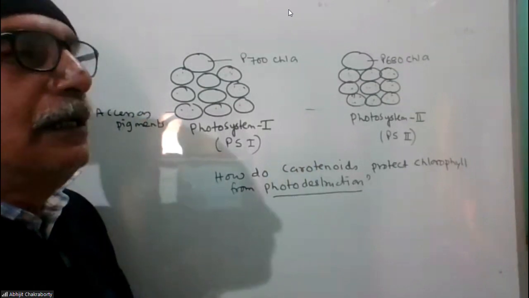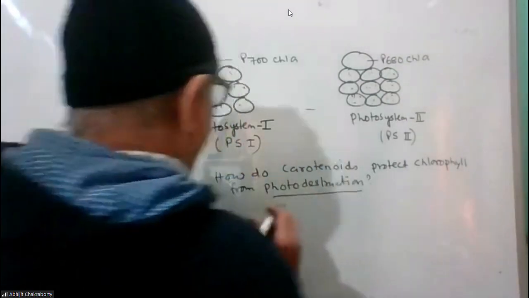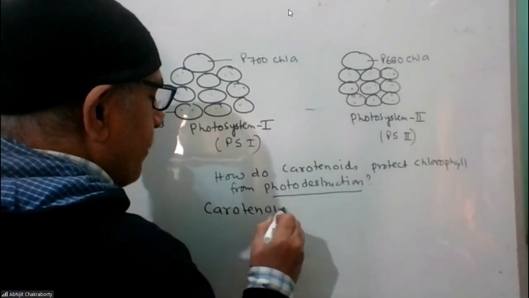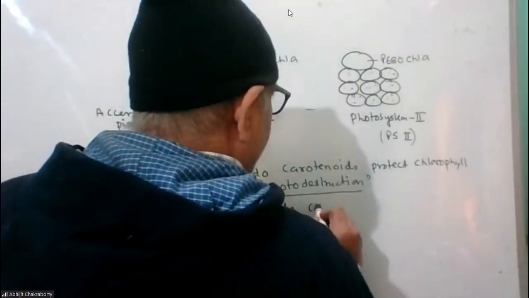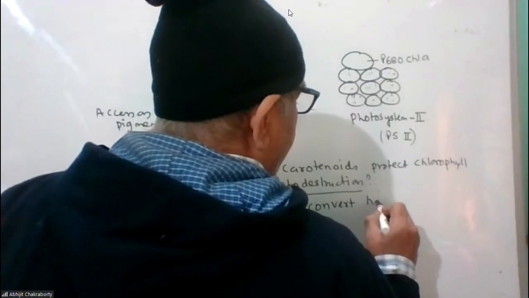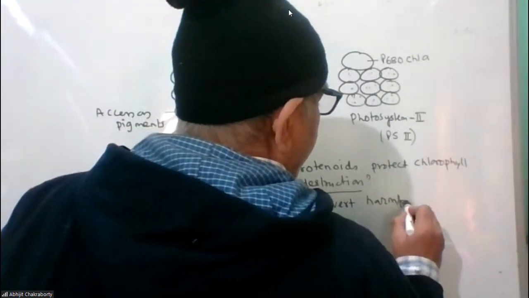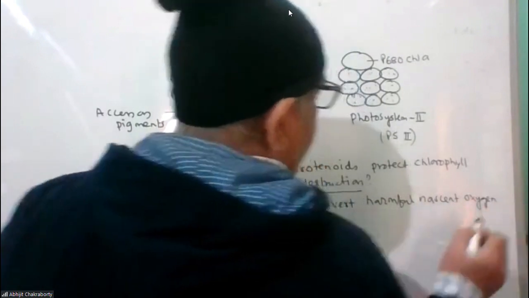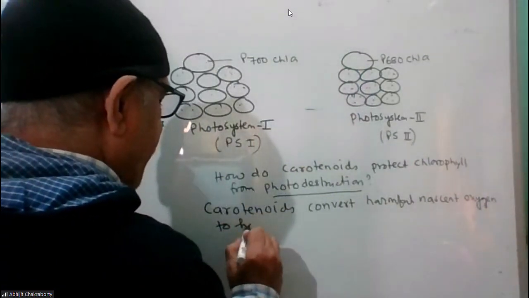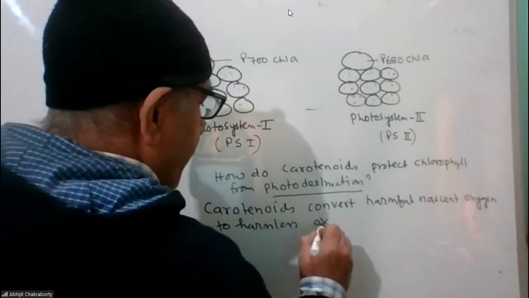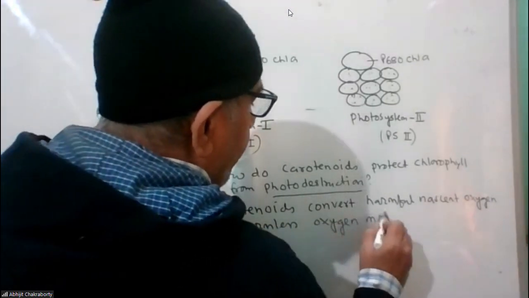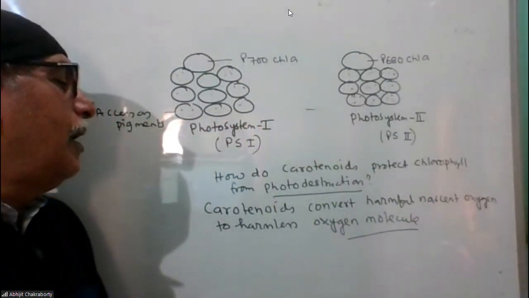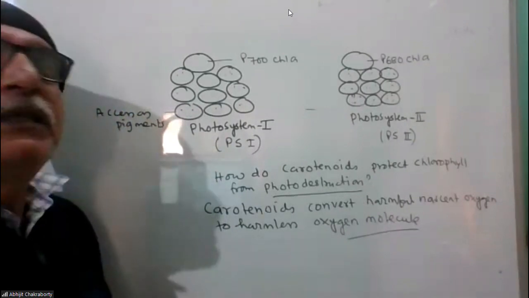The role of carotenoids is to convert harmful nascent oxygen to harmless oxygen molecule.